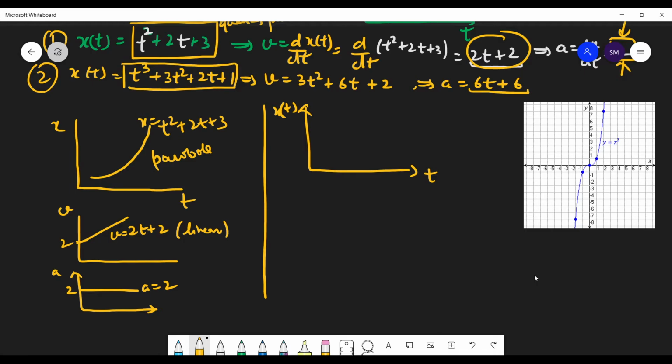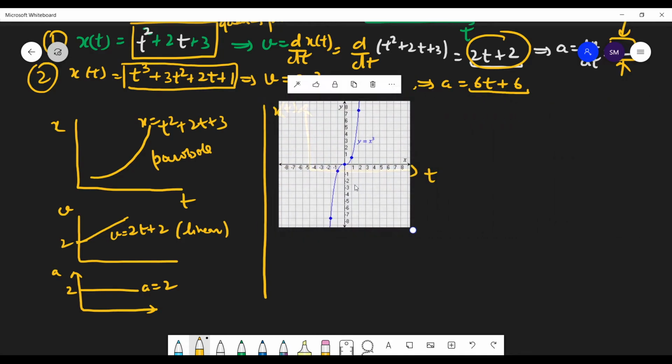See students, this is the graph of x cube. You can assume this graph as here.